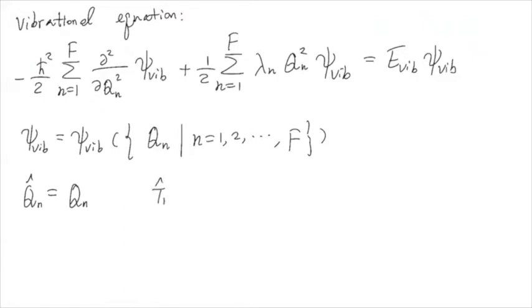The kinetic energy operator for the nth mode is 1 over 2 P Qn squared, right? This capital P is the conjugate momentum of the coordinate capital Qn. And in the coordinate representation, this is negative h bar squared over 2 partial squared over partial capital Qn squared.